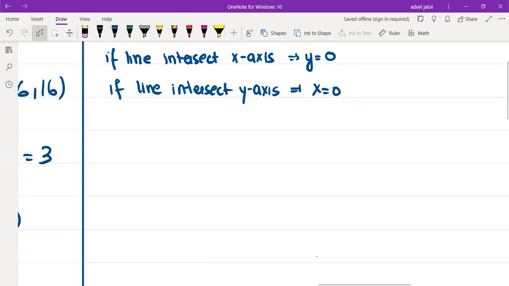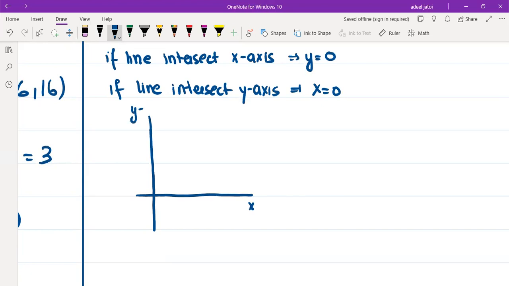What does this really mean? Suppose you have this y-axis and x-axis. This is your x-axis. Let's say this becomes your y-axis. And there's a line that crosses both the axes.